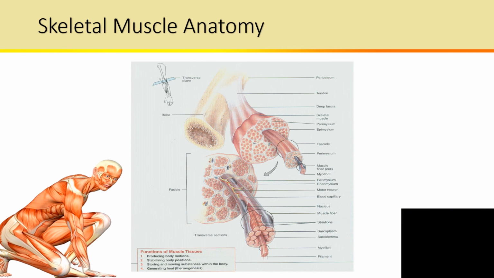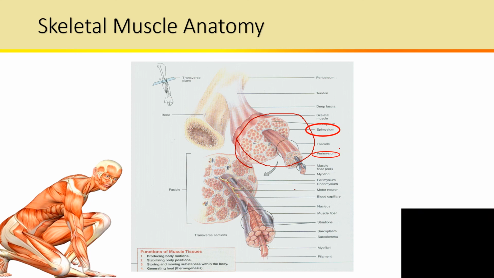Let me see if I can annotate this a little bit, and let's take a little bit of red here. Around this whole muscle belly, it will be surrounded by the epimysium, which surrounds that whole muscle belly itself. Then if I go a little bit further, I have the perimysium.